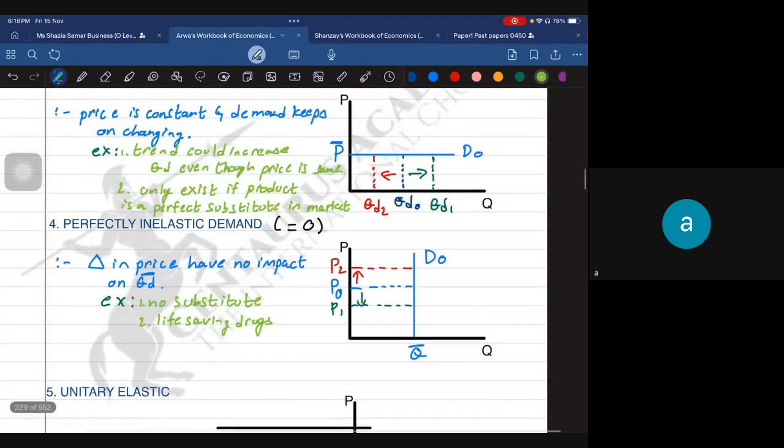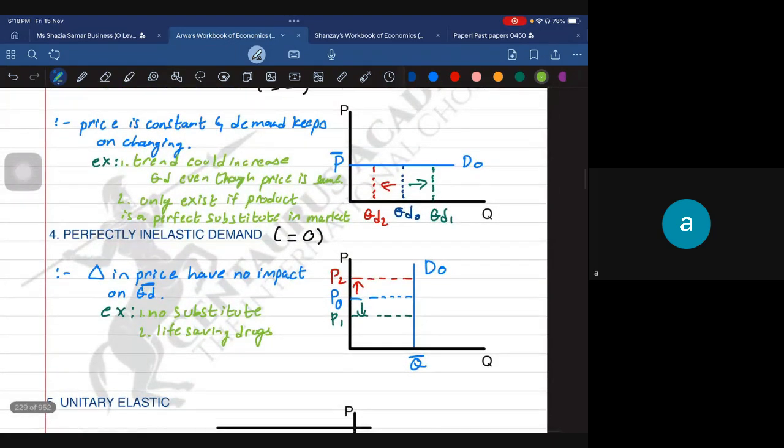Okay, you can do this part, then we'll move to unitary elastic. Okay, I'm done, sir.